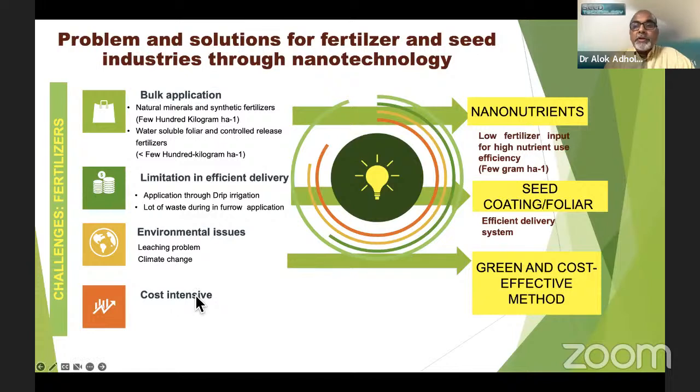However, before I go there, I also wanted to highlight the current problems with the products and materials that we use in agriculture. The bulk fertilizers, of course, are one. And as you would agree, there are only a few micrograms or milligrams of active in the bulk fertilizer.